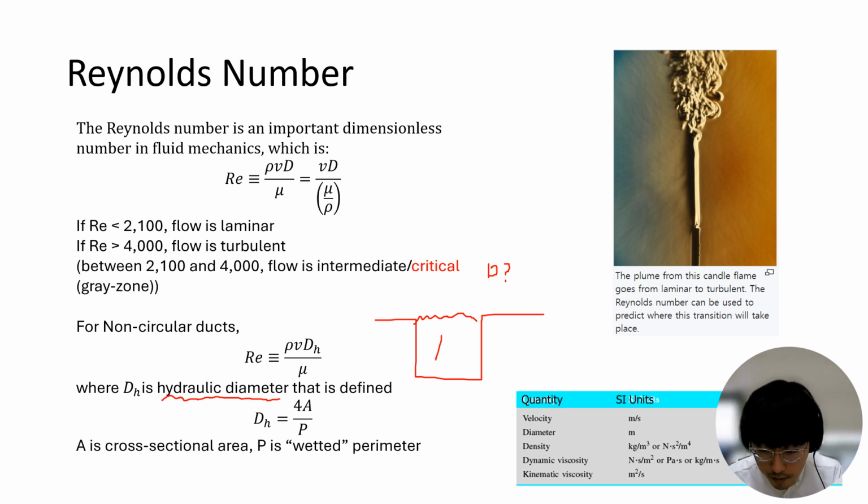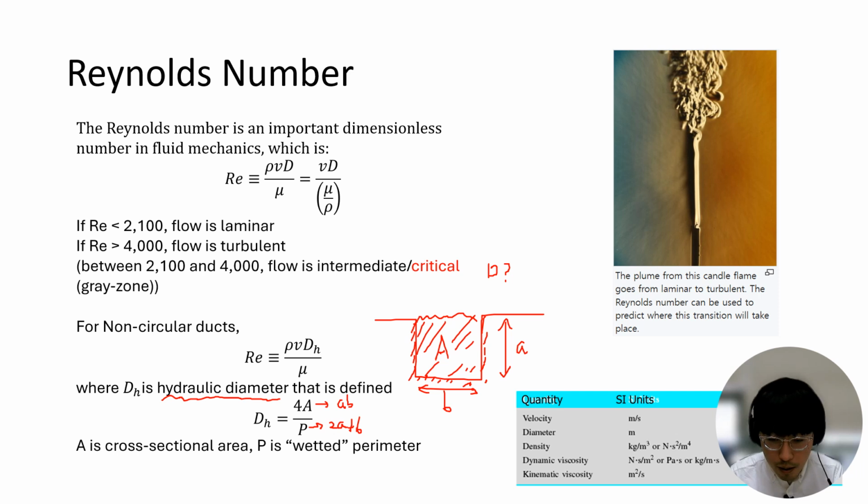So in this case, we have the area here. If the height is A and the width is B, then the area is A times B, and the wetted perimeter means only the perimeters that are in contact with the fluid. So this perimeter is going to be 2A plus B, whereas the area is A times B, and then we have to multiply by 4.